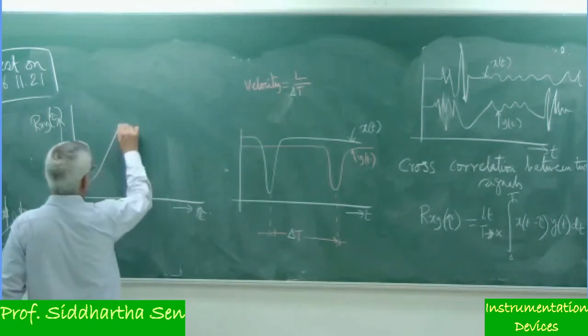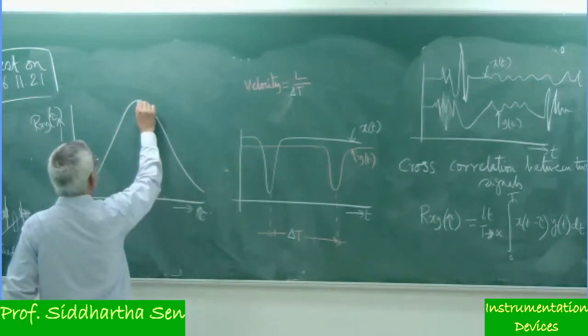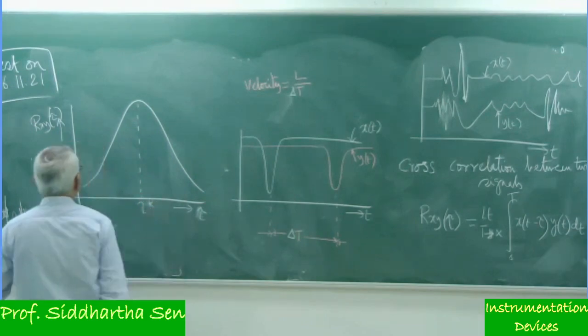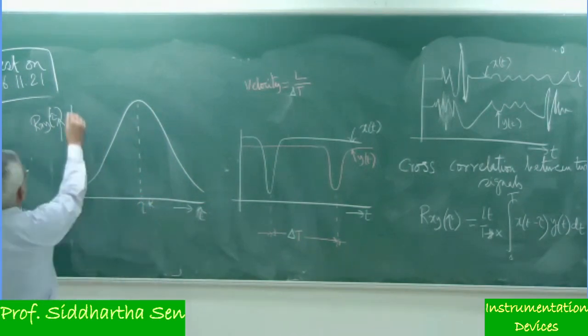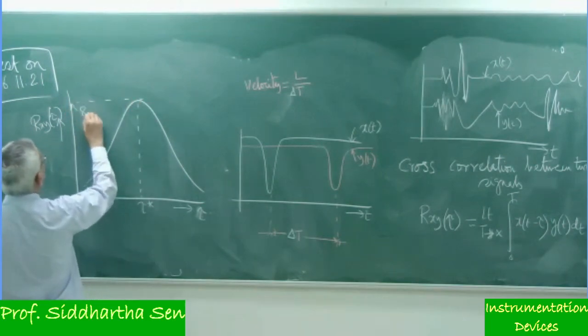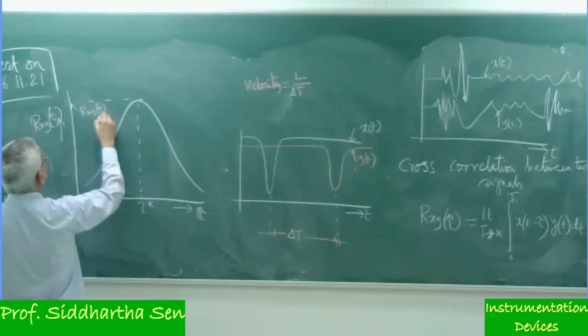We will get some sort of peak like this, and at a value of tau star, this R_xy of tau is maximum.